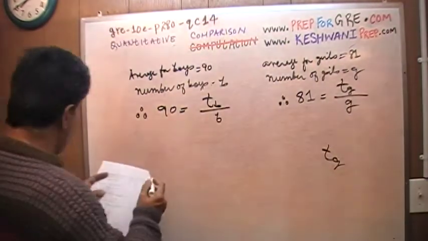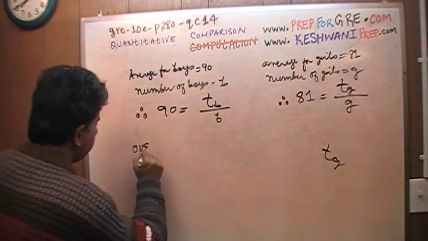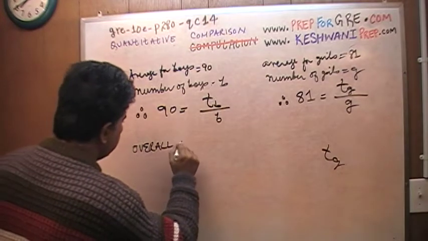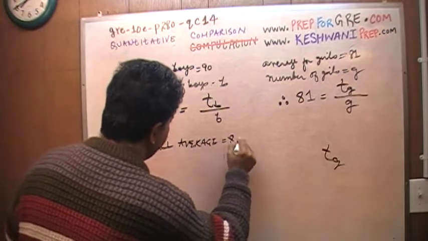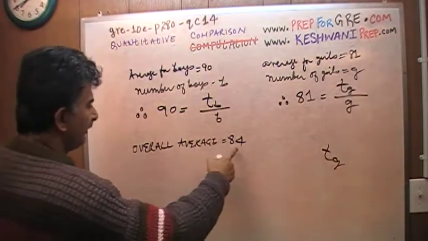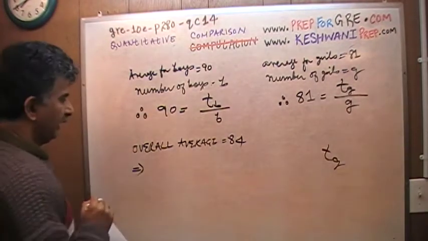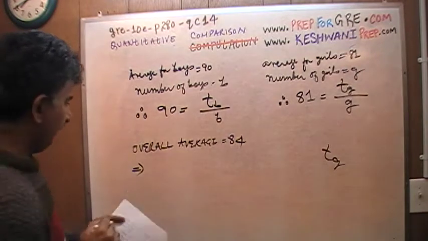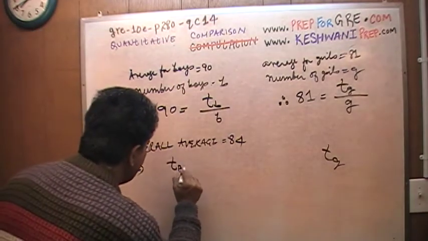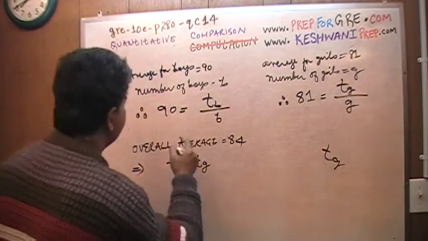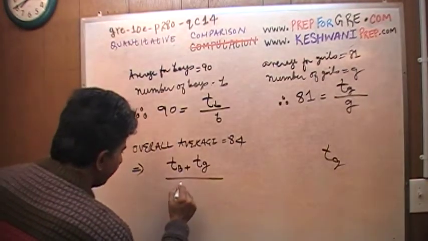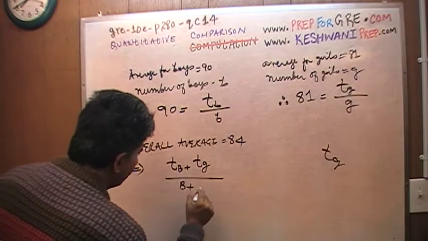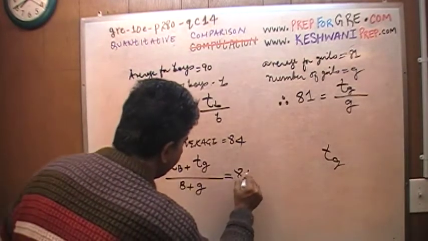And now we are told that the overall average is 84. Since the overall average is 84, that implies, I hope you can read my handwriting, that the total for the boys plus the total for the girls, divided by the number of boys and the number of girls, has to equal 84.